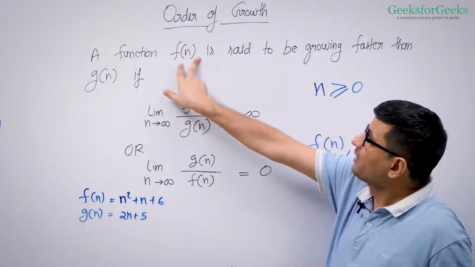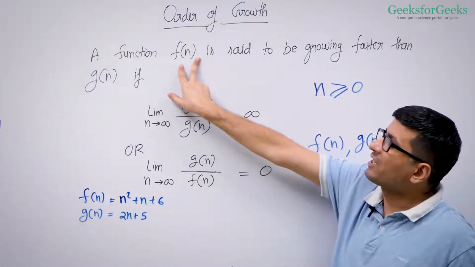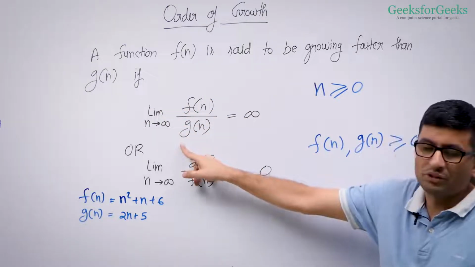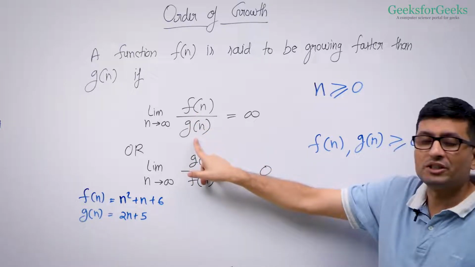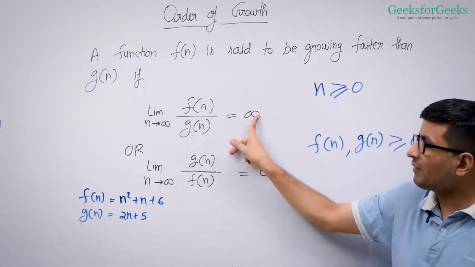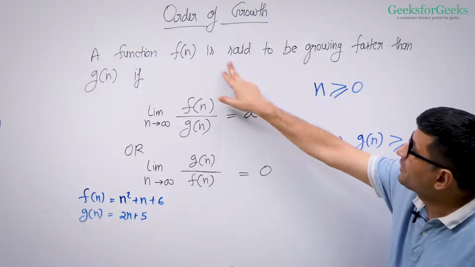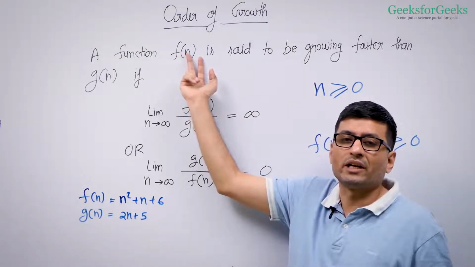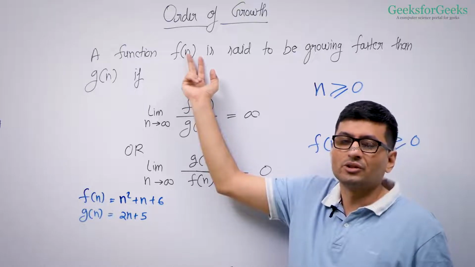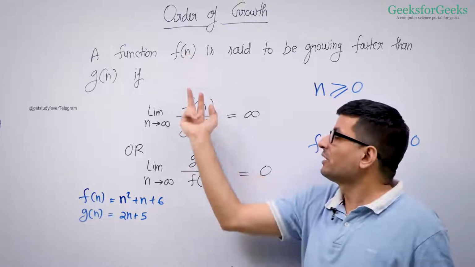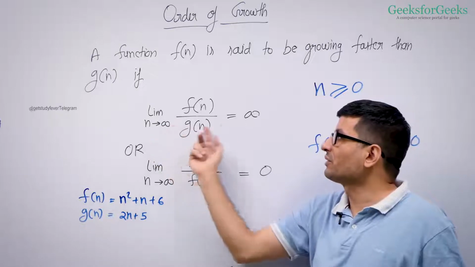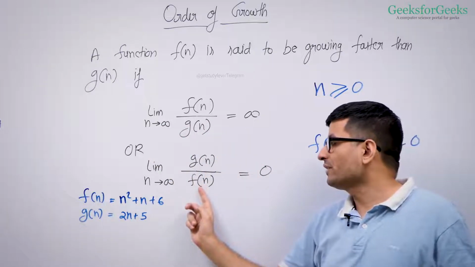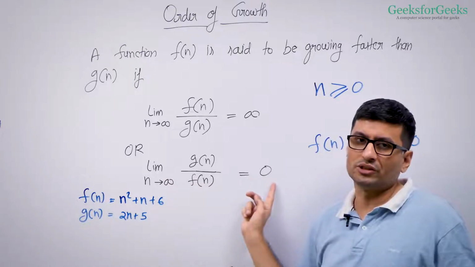So f(n) is said to have higher order of growth than g(n) if limit n tends to infinity, f(n) divided by g(n) becomes infinite. Higher order of growth means the algorithm whose time is represented by f(n) is a bad algorithm. So if f(n) represents a bad algorithm, then f(n) by g(n) for n tends to infinity would be infinite, or g(n) by f(n) for n tends to infinity is going to be 0.